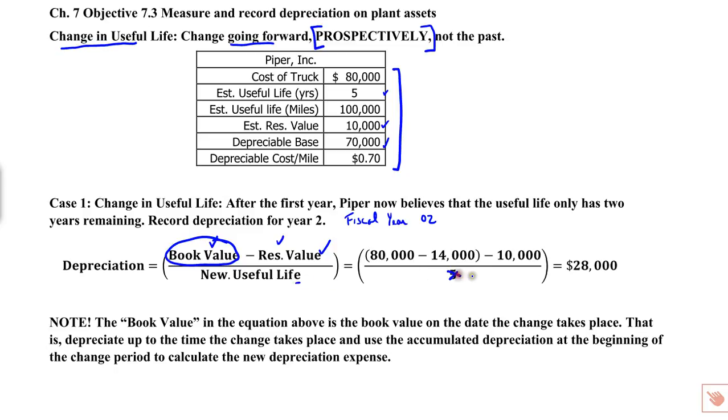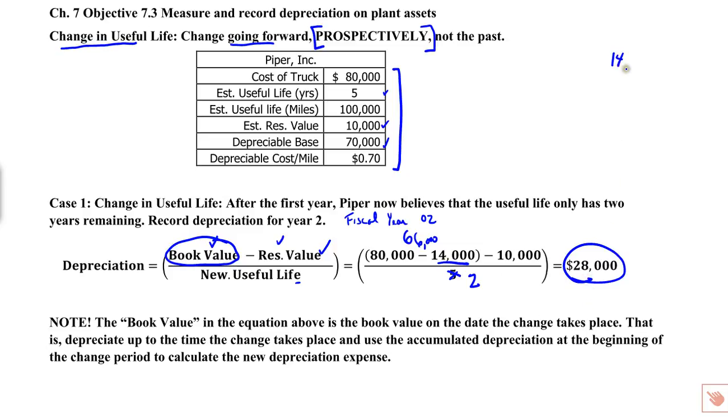Oh my, look what I did. I did the right calculation but had the wrong number; copy and paste error there. So 80,000 minus 14,000, the year 1 depreciation, is 66,000. Minus 10,000 is 56,000, divided by 2. So for the last 2 years, we'll have 28,000.